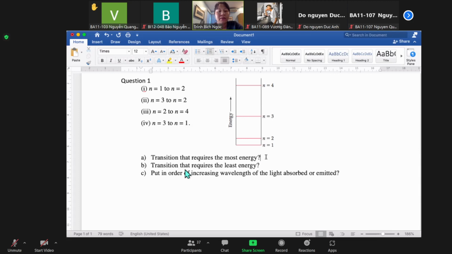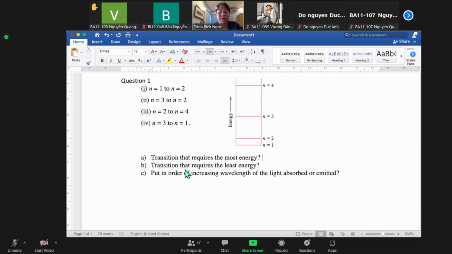You understand? Yes. Okay, so this is not 3 to 1. 3 to 1 will emit energy, release energy. Yes. So I think it is transition 3.